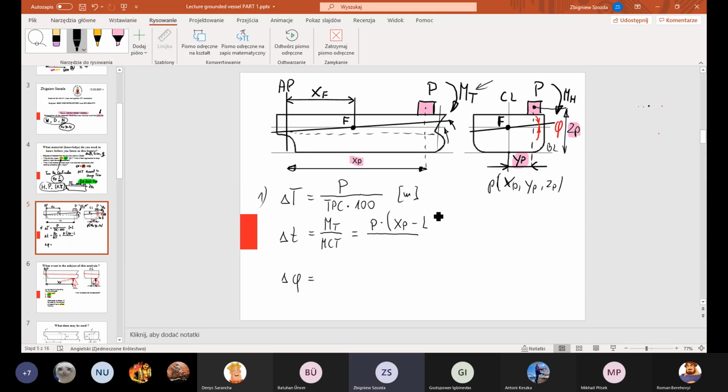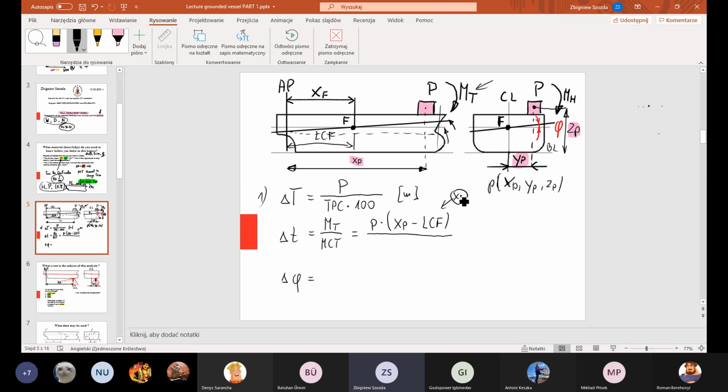Because in your hydrostatic tables we use for our calculations during labs, the abbreviation of the center of flotation is LCF, longitudinal center of flotation. Yeah, this is that distance, LCF. And LCF, it is the same.